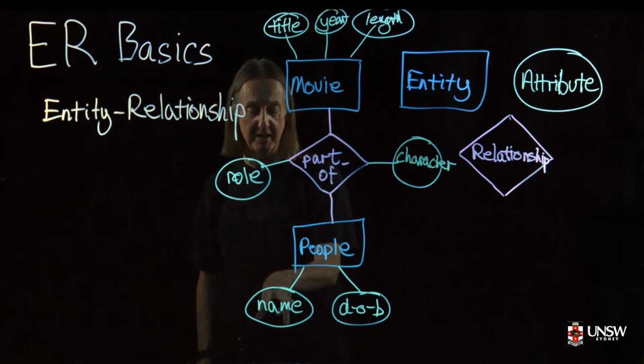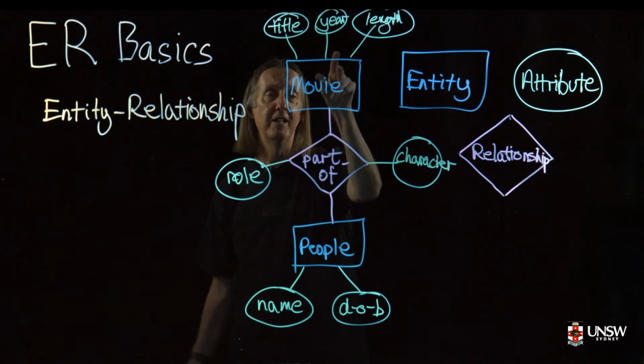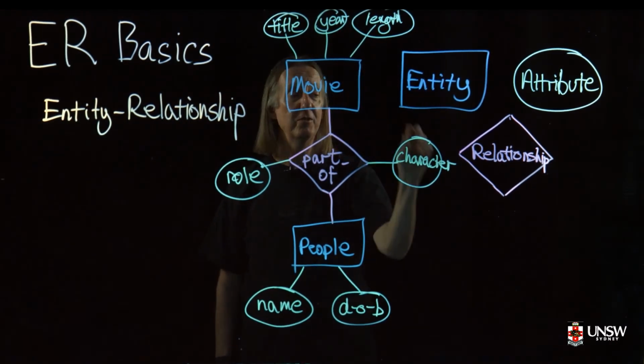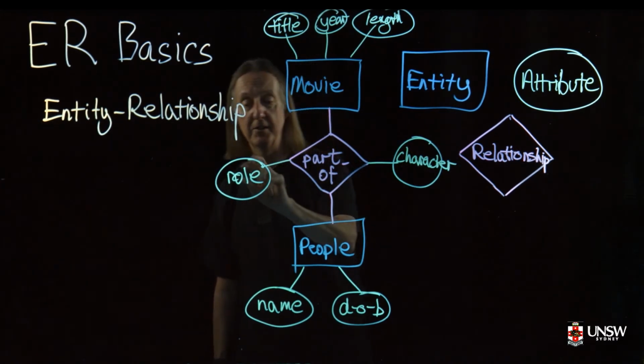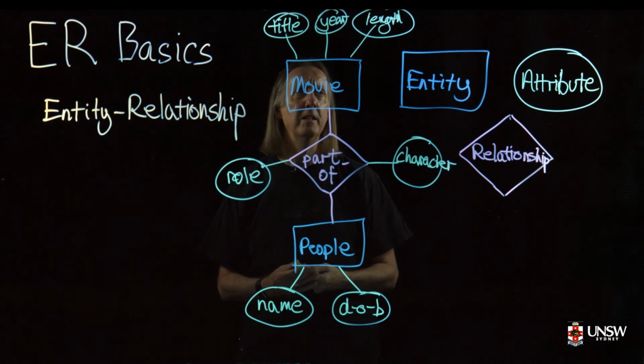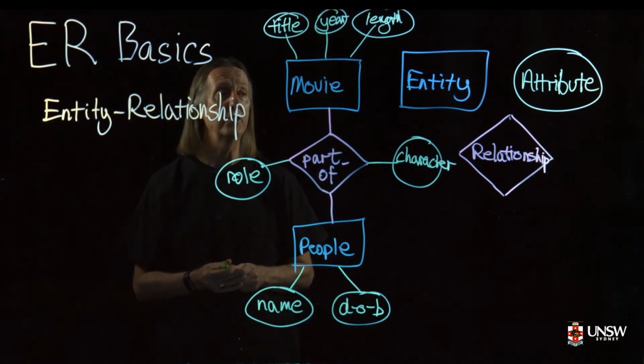He'd have a name, Daniel Radcliffe. He'd have a name down here. He's part of Harry Potter and the Philosopher's Stone, and in that movie he had the role of an actor and he played a character, Harry Potter. So that's how we could model all of that kind of information.